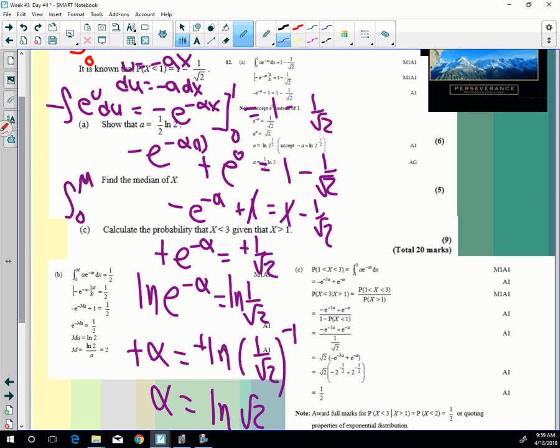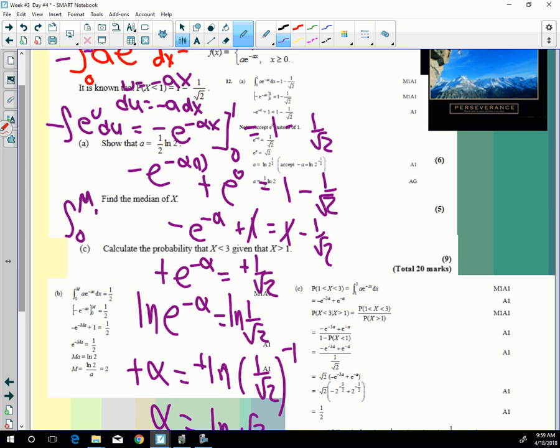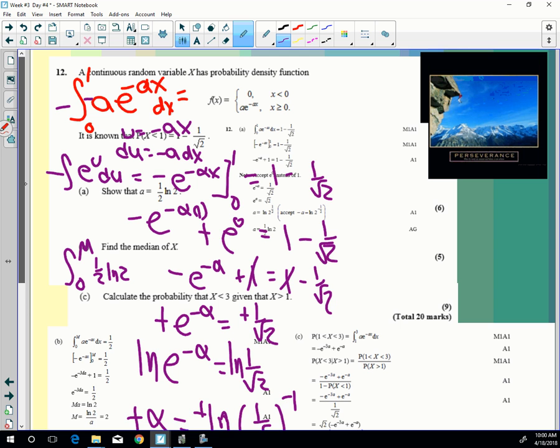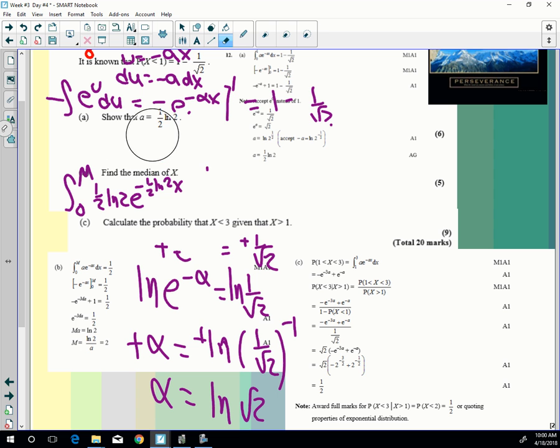Now I know what alpha is, or A. It's going to be 1/2 natural log of 2, and then that's going to be e to the negative 1/2 natural log of 2 x dx. And then we're going to look at that. Median should give you 1/2.